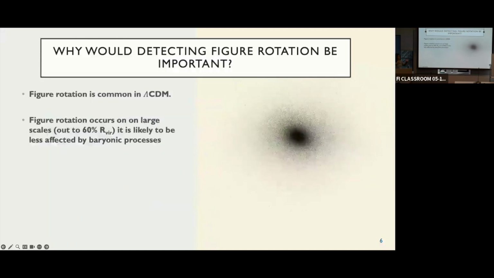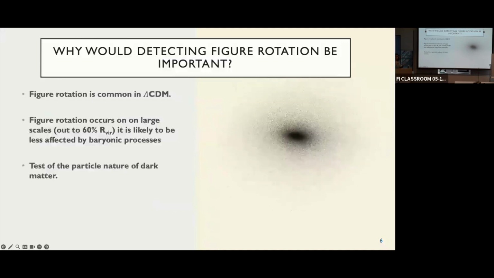And because it's so extensive, it is likely less affected by baryonic processes. One of the problems with a lot of the other predictions of Lambda CDM is that the numbers you get for subhalos, or for the density profile, all depend on your baryonic prescriptions, and it's hard to tell what is caused by baryons and what is caused by Lambda CDM.